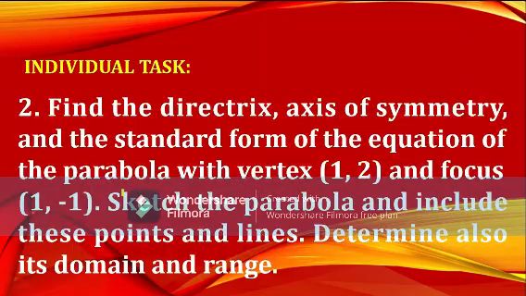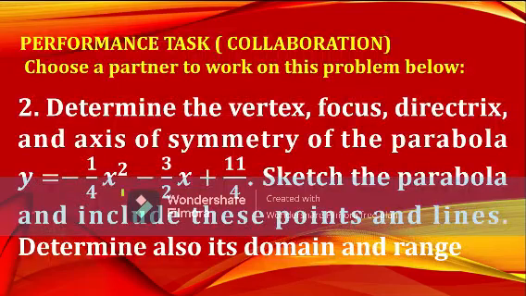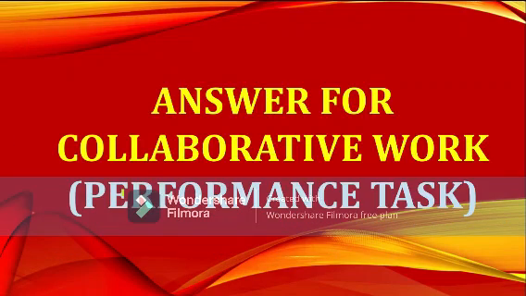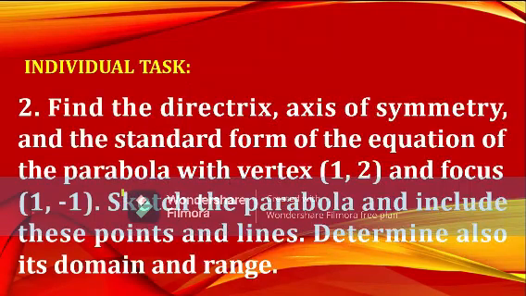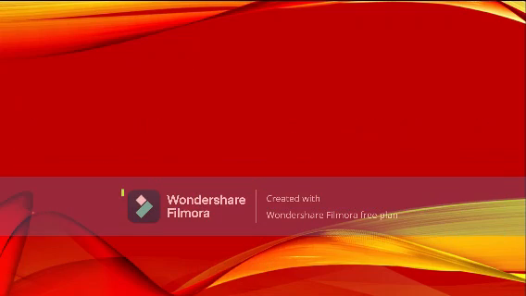Okay, so I want you to answer this one under performance task by pair. Though I said that this is an individual task, I will just let you answer it again with your partner. Okay, it will be easier for you. I've noticed that the more students you are able to understand if you discuss it with a partner.